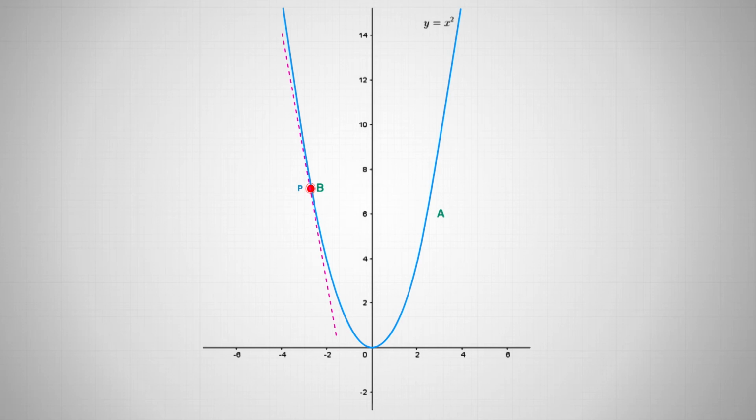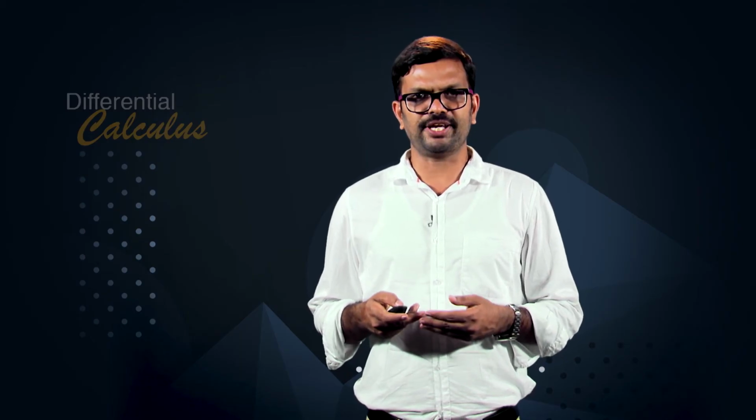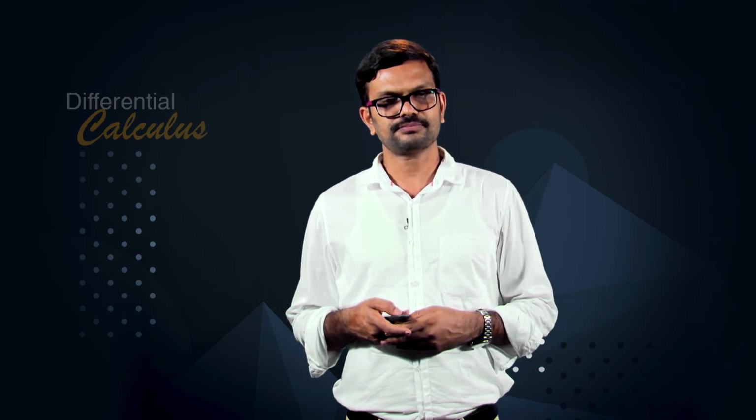We say that f of x equal to x square is concave up throughout the entire real line.